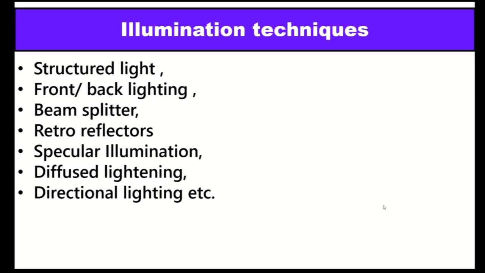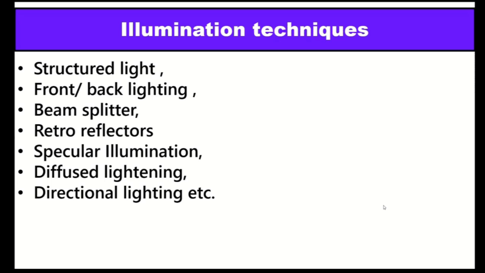Light must fall correctly on that object, and it should reflect properly and enter the camera so that the camera can capture the correct image, and our region of interest in that image must be highlighted so we can further process it, take decisions and perceptions from that image, and program further operations.